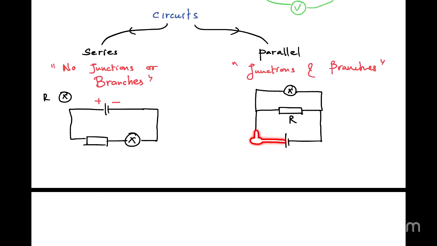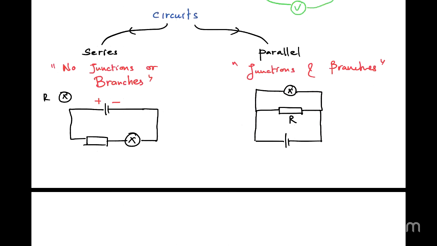It's a bend first, then now you can see there are two clear passages. You can either go from here or you can go from there. Therefore, this is a junction, so the current will be divided like this. This is considered to be a parallel circuit.